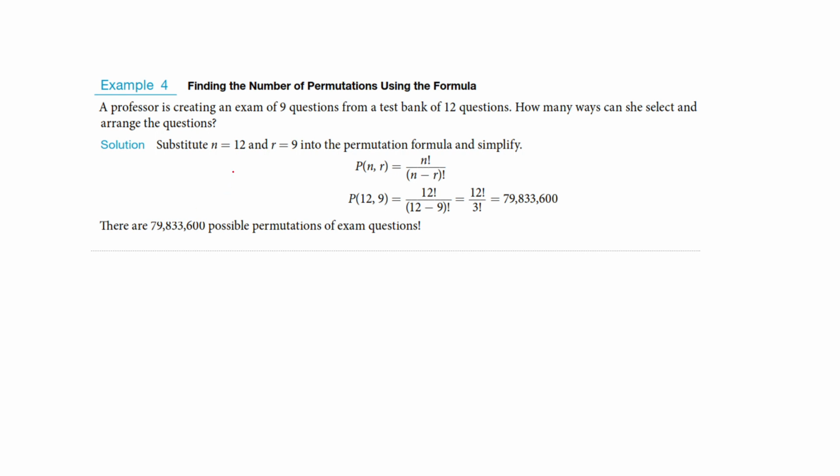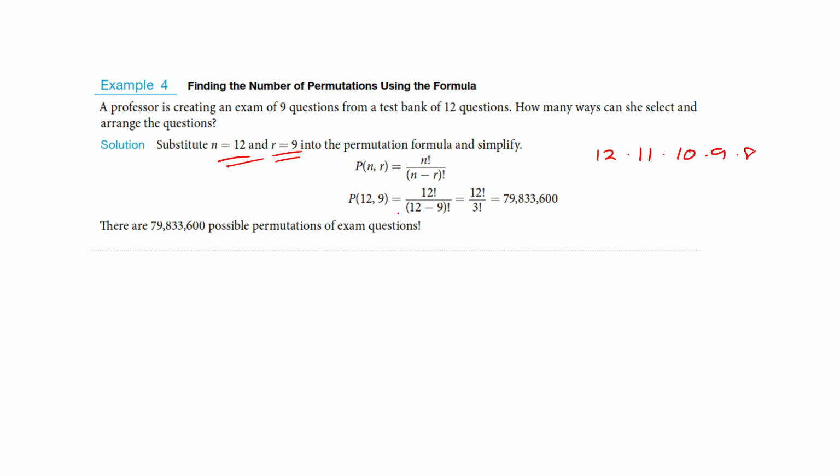So here we've got 12 questions, taken 9 at a time. How many different ways could we make this possible test? Well, there's 12 questions, so 12 factorial. Maybe there's 12 choices for the first question, 11 for the next, 10 for the next, 9 for the next, 8. So this is actually 12 factorial. We could go all the way down.